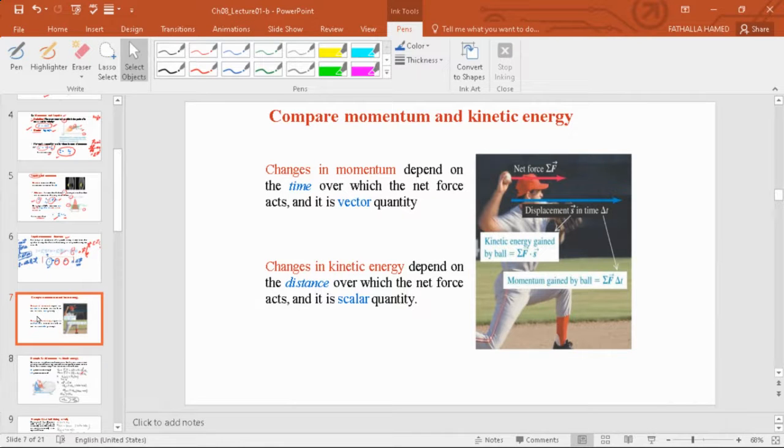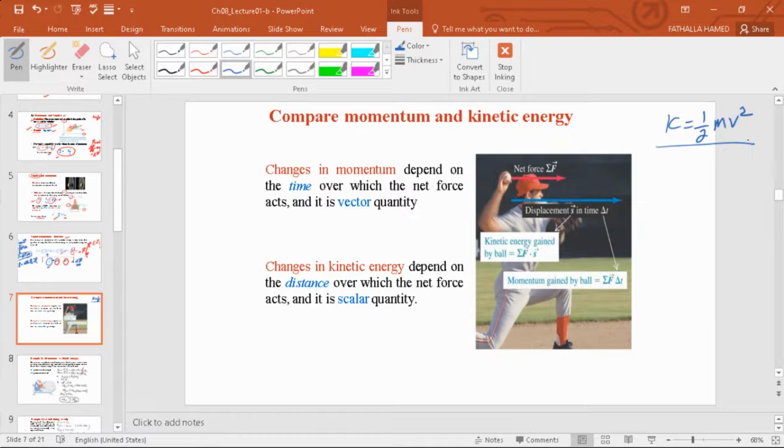In chapter 6, we introduced a quantity, the kinetic energy, and we said this is equal to 1/2 mv squared. So we have a quantity that contains both the mass and the speed. Here we're going to include the mass and velocity.